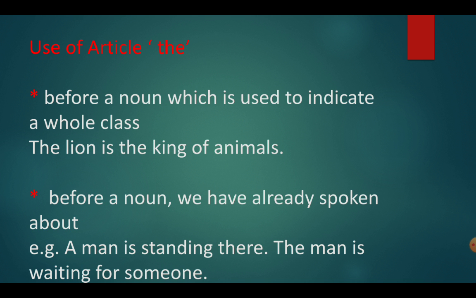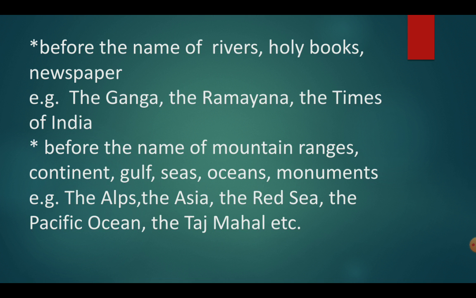Why? What is the difference? Because now in the second sentence we are talking about the same man about which we have already spoken in the previous sentence. It means in the second sentence we are talking about the same man, and now the man will be special, specific. That's why we will use here the man is waiting for someone.